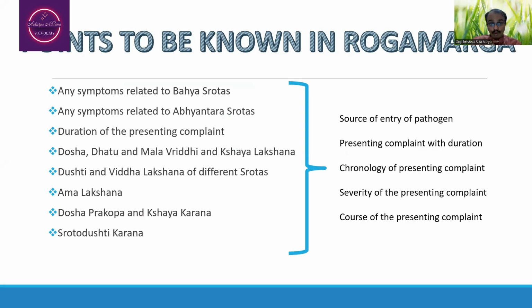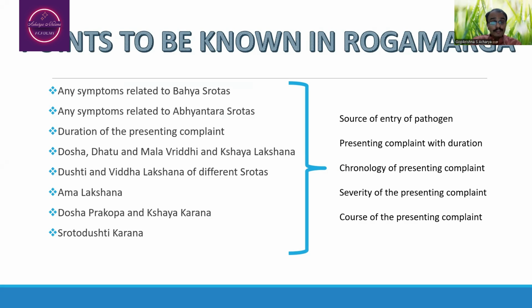First of all, we need to know whether any symptoms are persisting related to any of the Bahyasrotas. Whether the lakshanas are being observed in the mouth, nose, eyes, ears, urethra, anus, vagina or breast. Are any symptoms being observed? That has to be known.